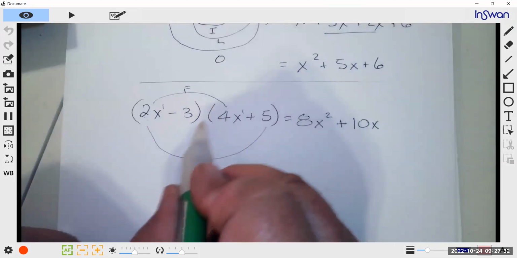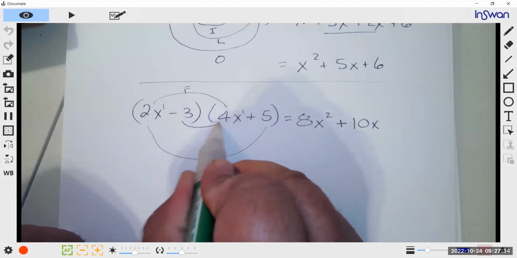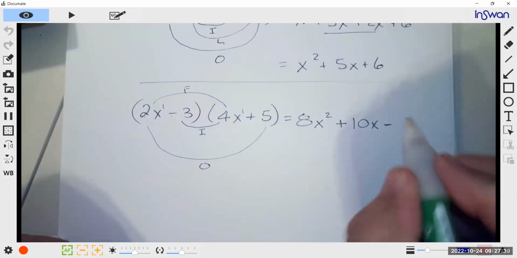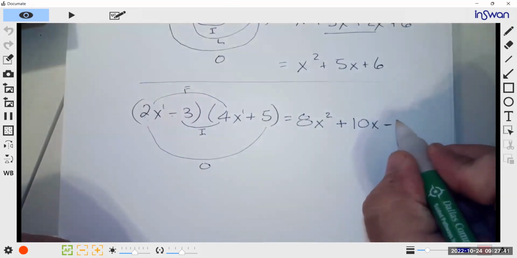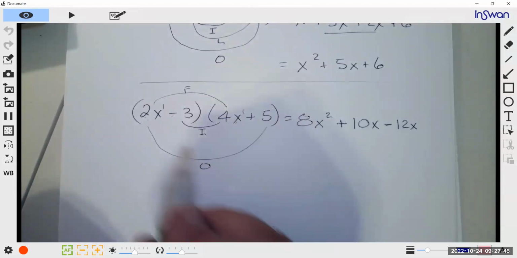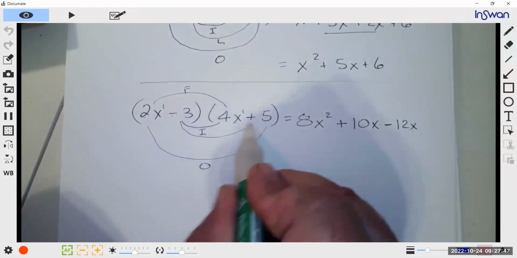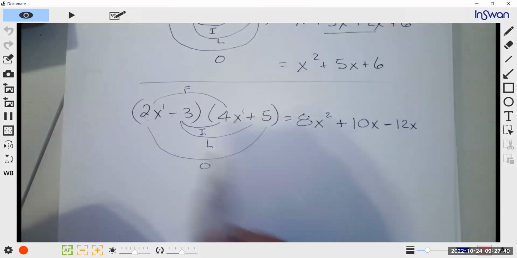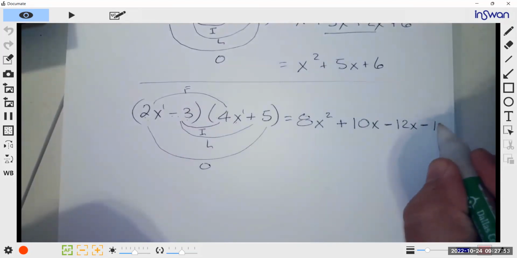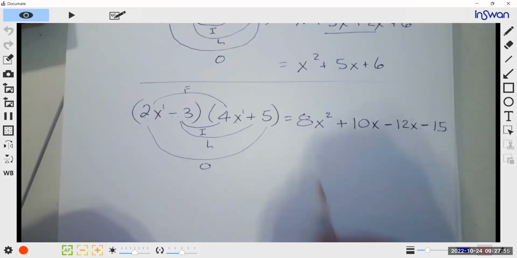Now we can go inside the parentheses. Now the inner. Negative times positive is negative. 3 times 4 is 12, and there's an x. Now the last terms. Negative times positive is negative. 3 times 5 is 15.